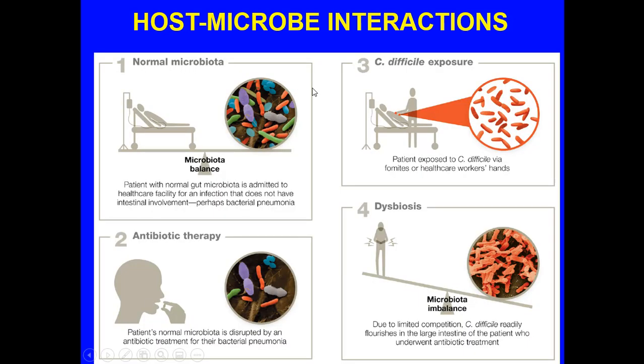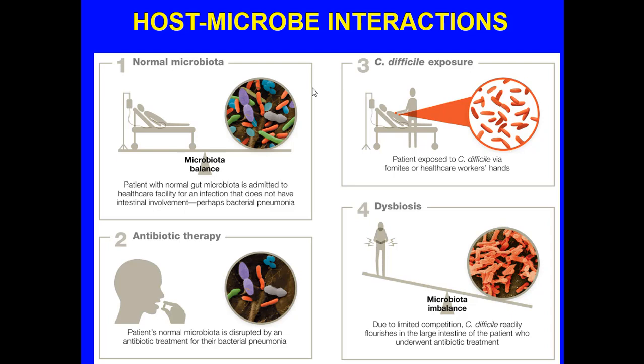As you can see in the handout or in the book, we have the microbiota balance. In other words, if you're doing well, you're not going to have any of these normal gut microbiota causing problems, because think of it as sort of an ecological system. A bunch of different organisms interact with each other, and everything works fine.